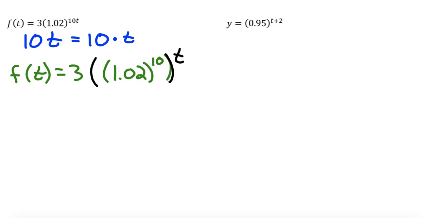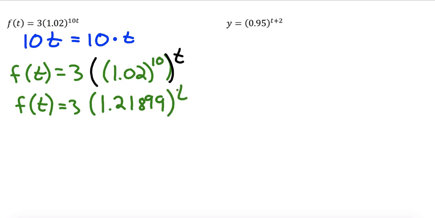So you always want to take your variable and make it be the outside one, because then we can calculate the 1.02 to the 10. 1.02 to the 10 is a really long decimal. I'm going to put a whole bunch of decimals down. And then we still have it to the t. So there it is. y equals a b to the x. Our b is bigger than 1, which means it is growth.